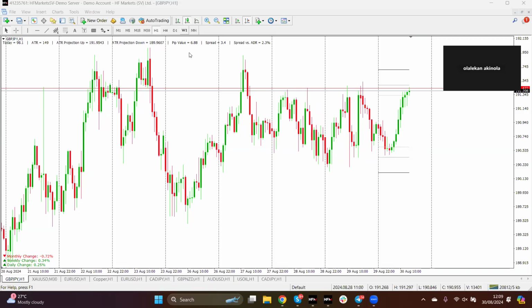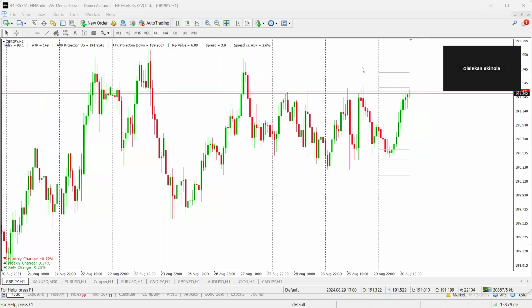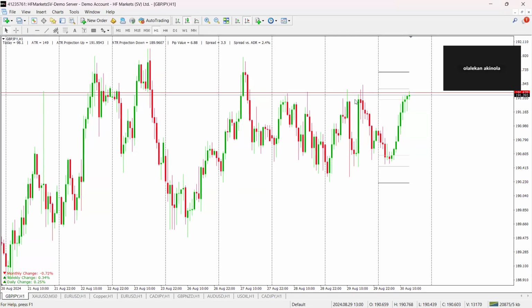And one interesting factor that everybody also needs to concern his or herself with is the fact that the topic today is finding high probability entry into the market.